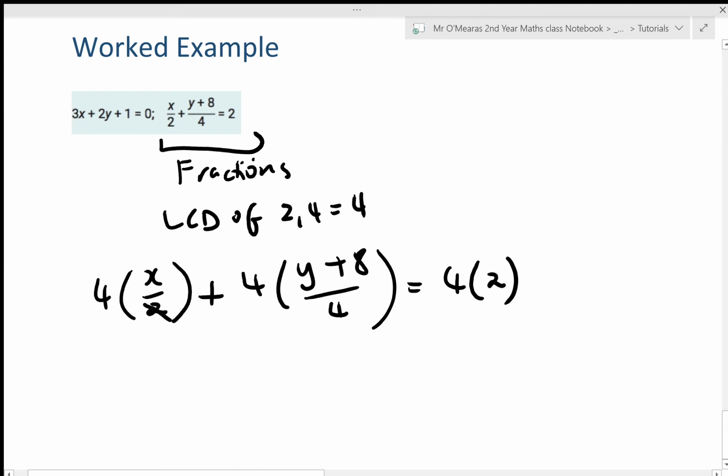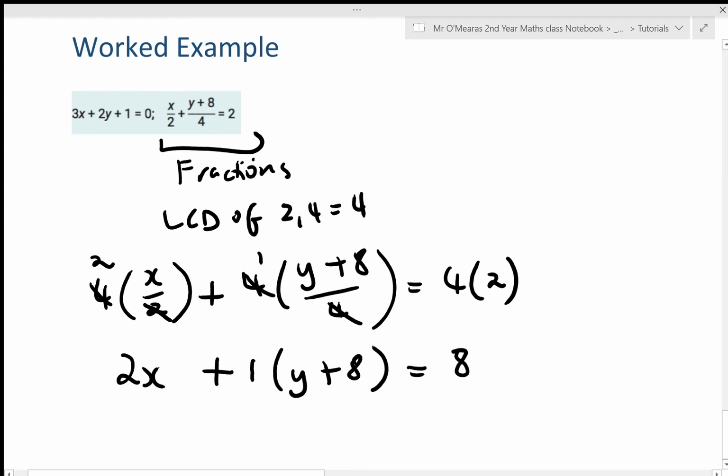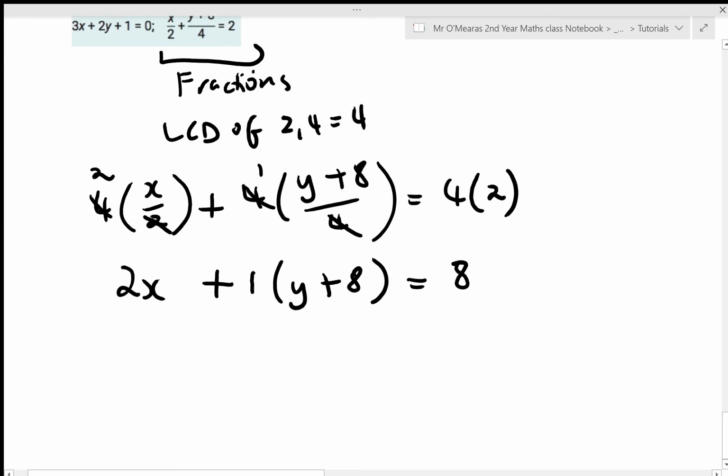So 2 divides into 4 twice, so that gives us 2x. 4 divides into 4 once, so you can write it out as 1 bracket y plus 8 equals 8. The reason why I put the 1 there, you might say, is a waste of time, it's just y plus 8.